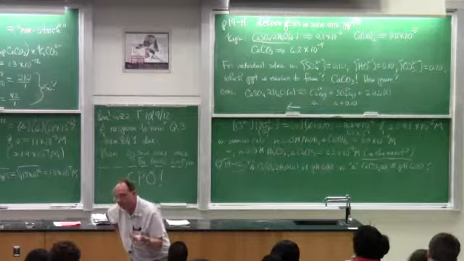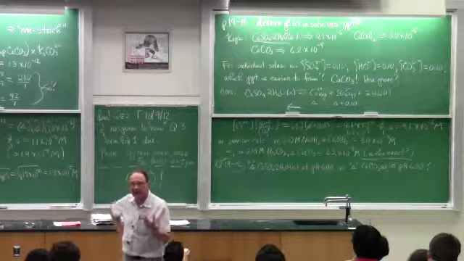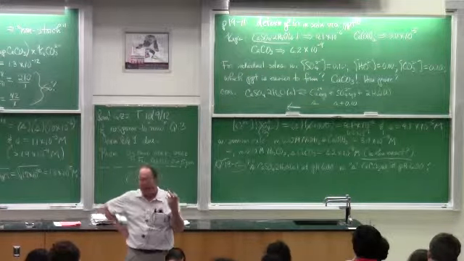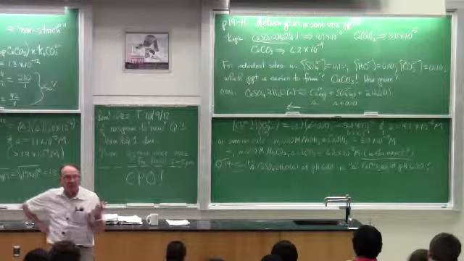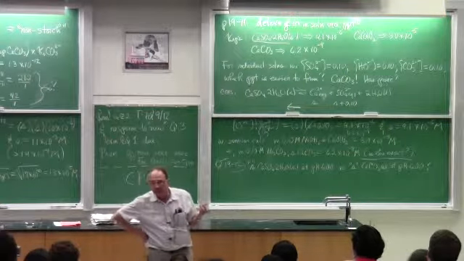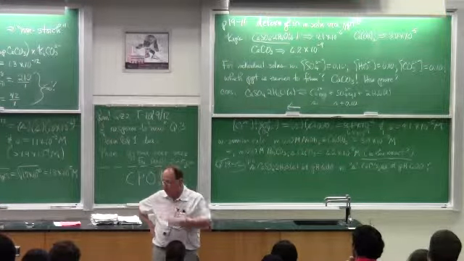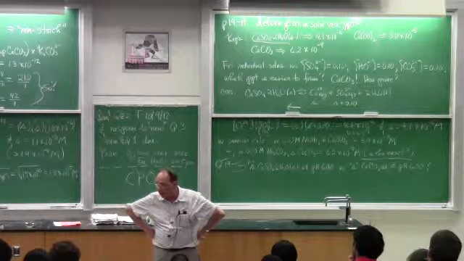Question: is it fair to say that in that solution the carbonate molarity is 0.10? I know it's fair to say that in that solution the sodium ion molarity is 0.20. Is the carbonate ion molarity 0.10? We're saying no, it should be a little bit less. Why? Because it has basic character.